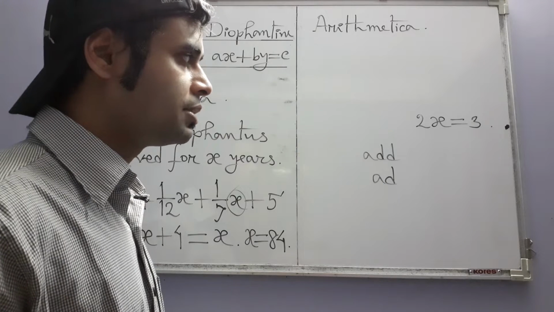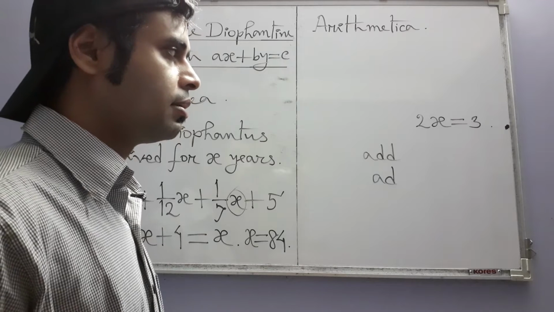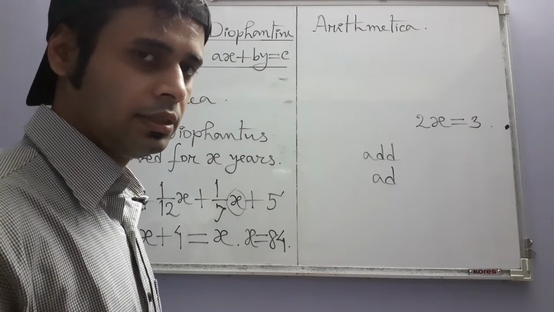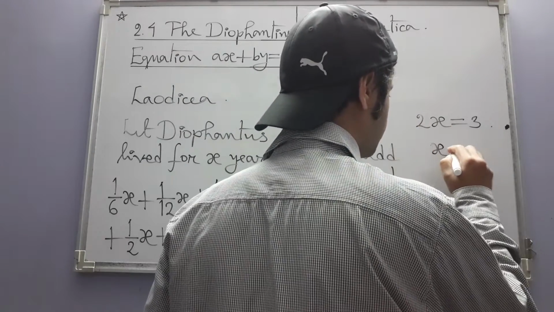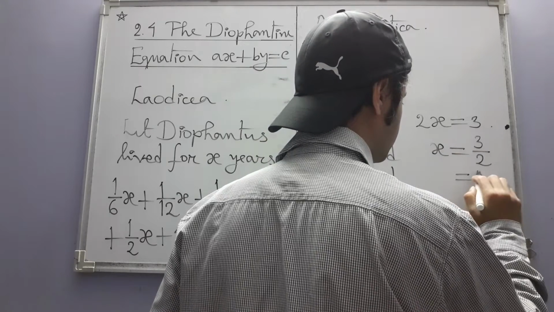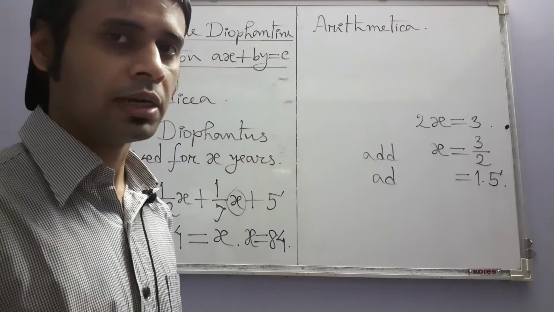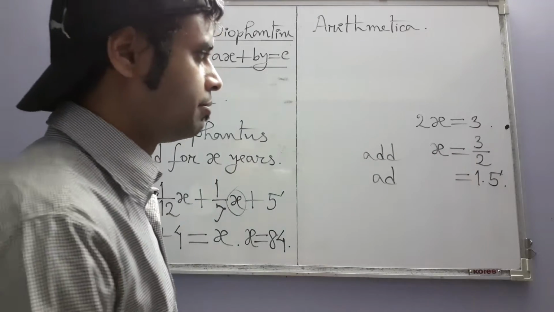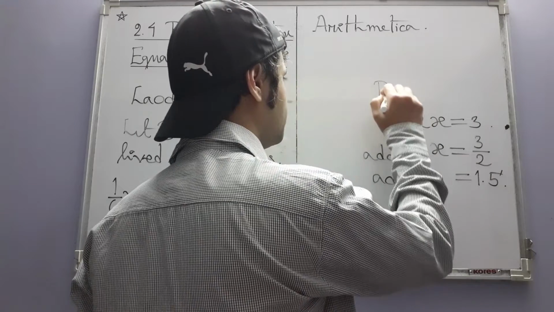Now if you think of this as an equation with ingredients from the system of real numbers, that is 2 and 3 are real numbers, then the equation has the unique solution 3 divided by 2, which in decimal looks like 1.5, and which in fact is rational.